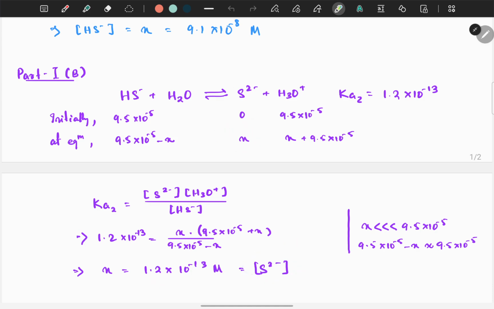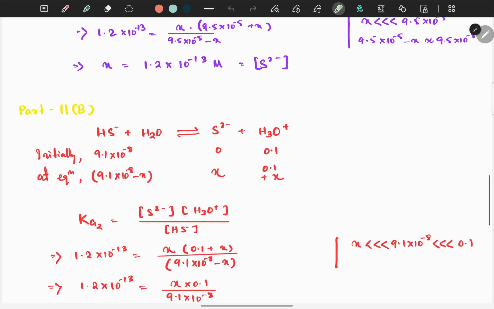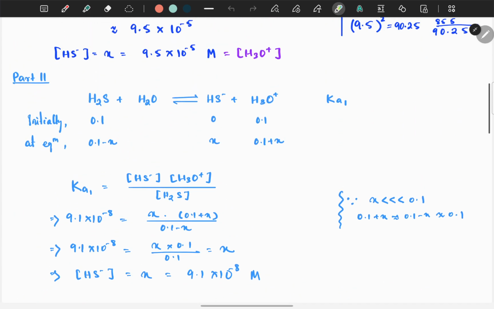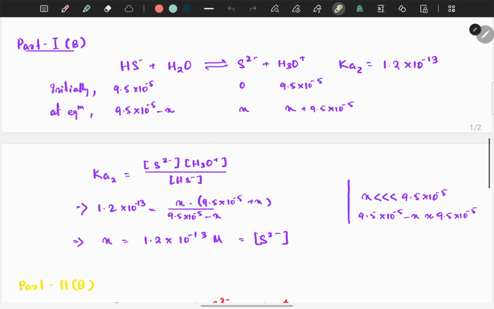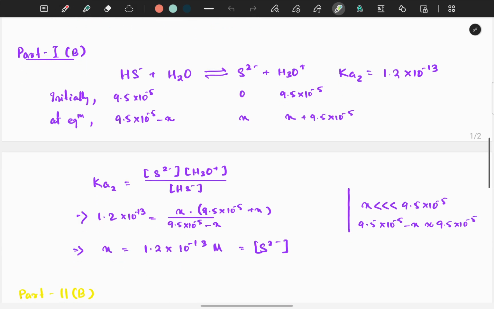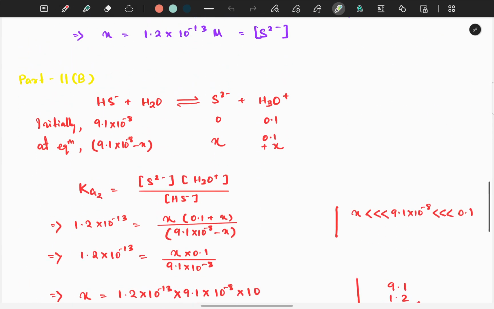In the second part, we all know the concentration of HS minus is 9.1 into 10 to the minus 8, and the concentration of H plus is nearly equal to again 0.1, because the value of X is very small. So by substituting the values, initially this is 9.1 into 10 to the minus 8 and the concentration of H plus ion is 0.1.